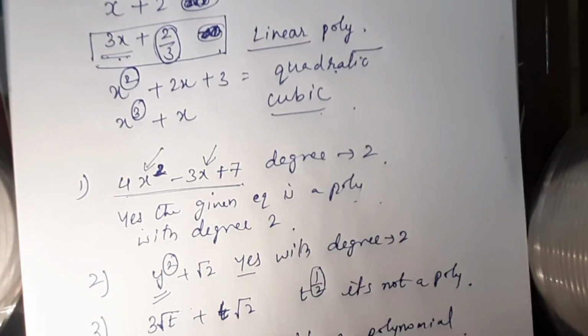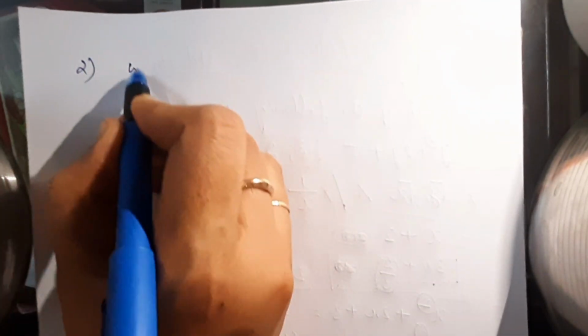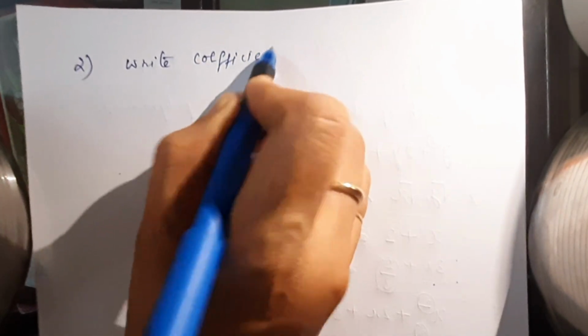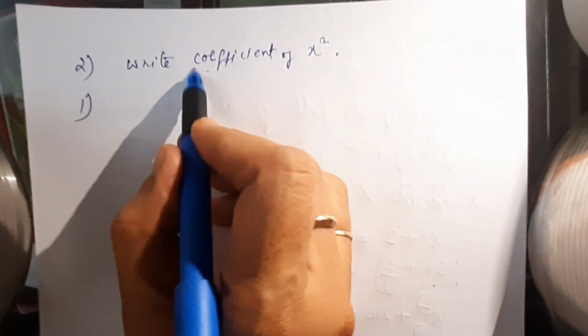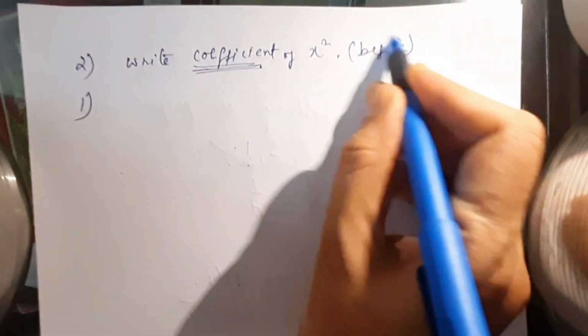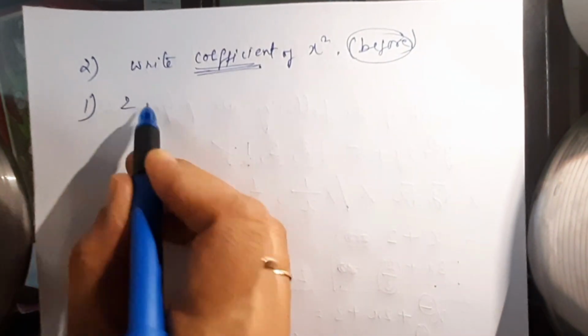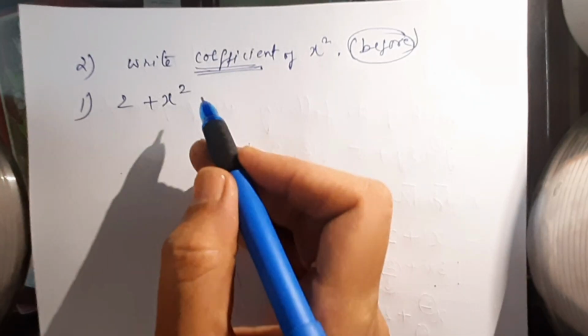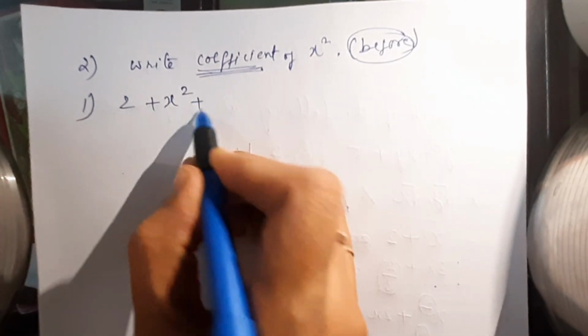Now let's start with the second question, where we need to write the coefficient of x square. So here in question number 2, it's given: write the coefficient of x square. So what is a coefficient? Coefficient means what is there before x square. Here the equation is 2 plus x square plus x.